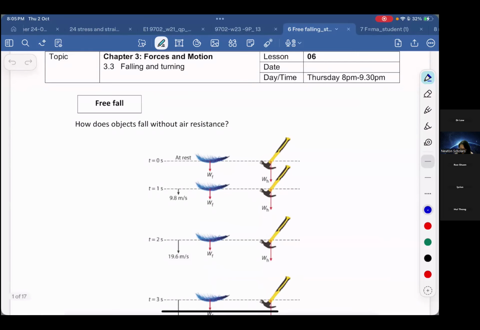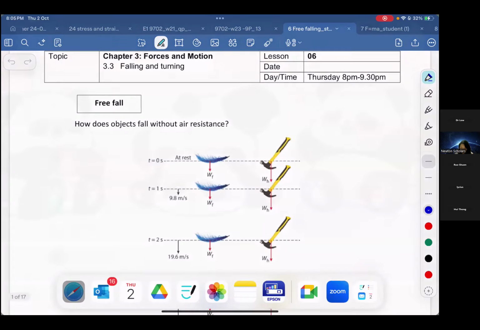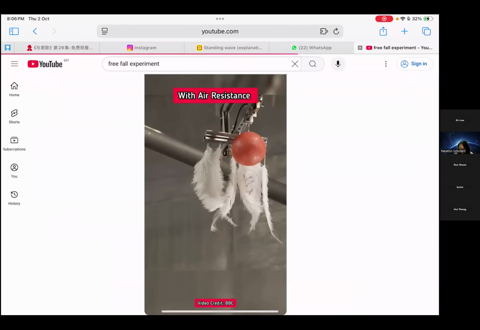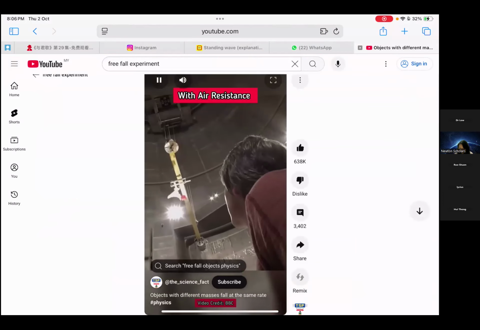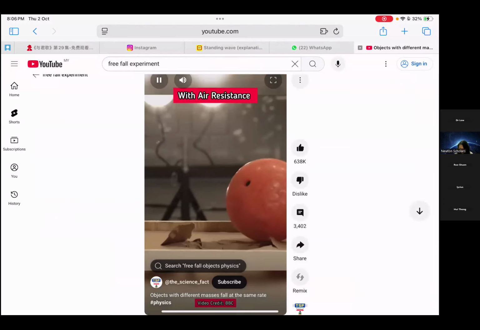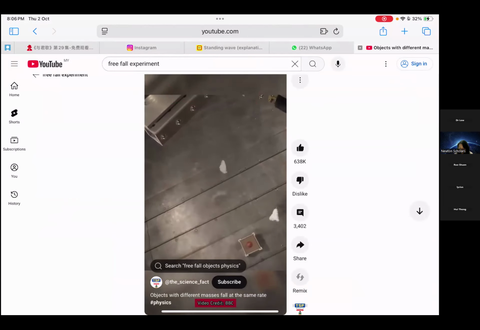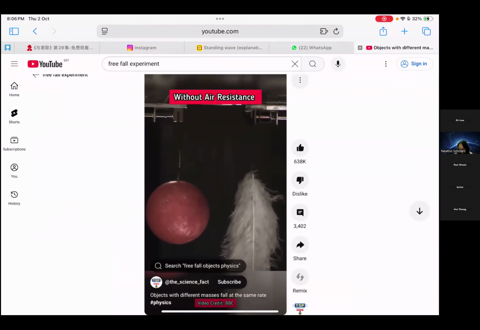So before we continue, we're having a look at a video. For this one, this is without air resistance. With air resistance, this is with air resistance. Now it's without.